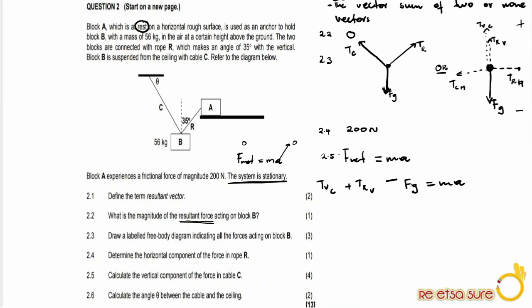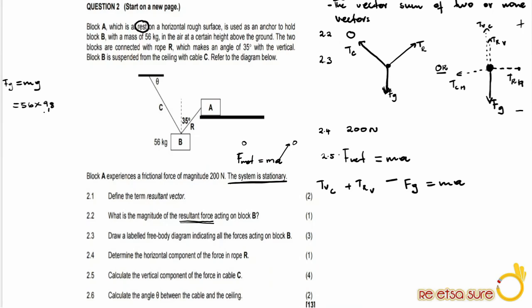Okay, FG, let me start first by determining the FG. I know that FG is equals to M multiplied by G, or weight is equals to mg. And then obviously the mass that is given for our object B is 56. So I'm going to have 56 multiplied by our gravitational acceleration, which is constant at 9,8 meters per second squared.